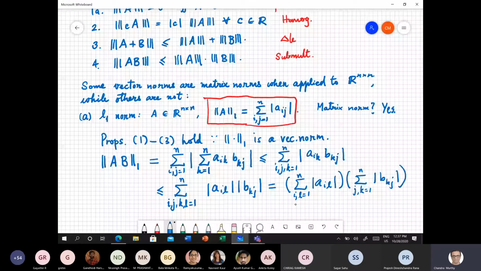And this is nothing but, by our definition here, the L1 norm of A times the L1 norm of B.